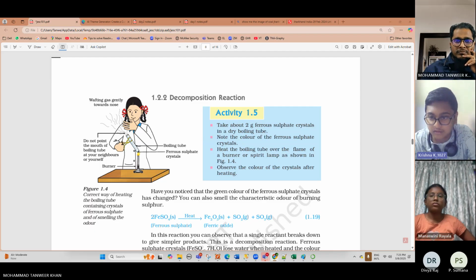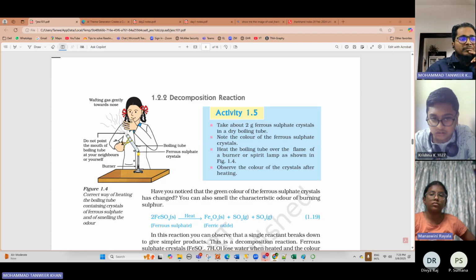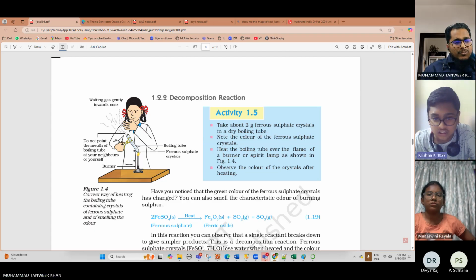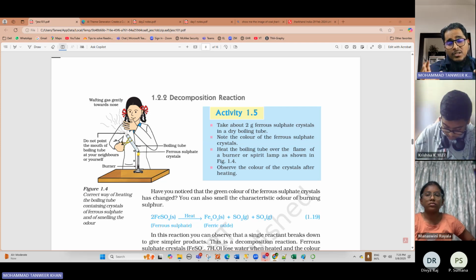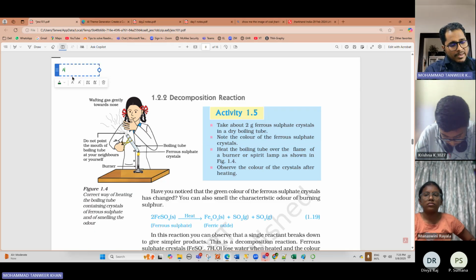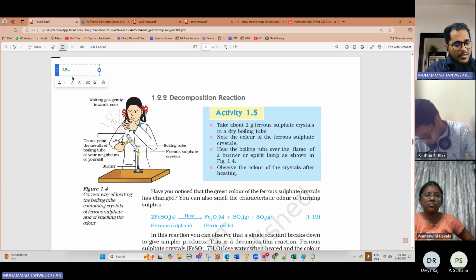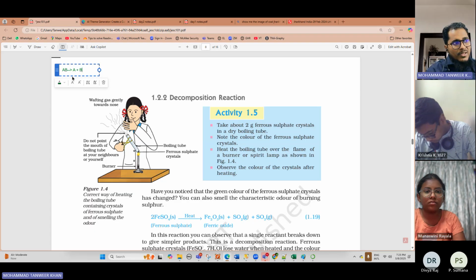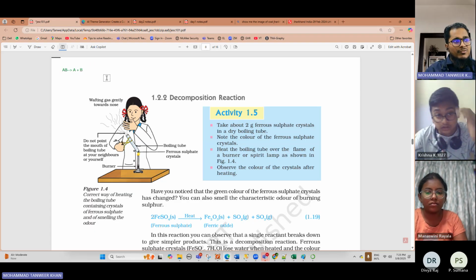In decomposition reaction, a single compound breaks down into two or more substances. So here the opposite of combination reaction will happen. Like a single substance AB breaks down into A plus B. This is an example of decomposition reaction.